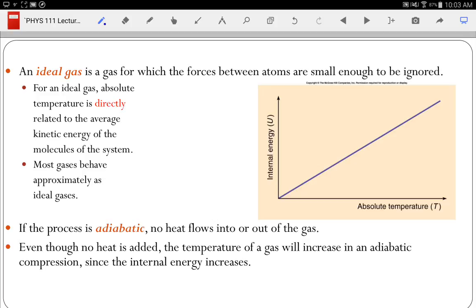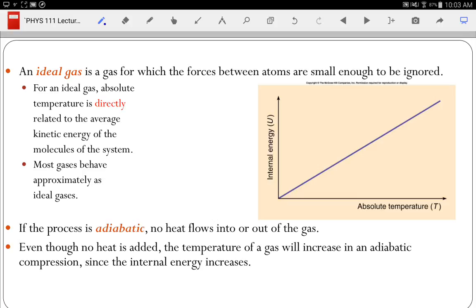Now they're not real, because molecules are always going to have some kind of interaction if they get too close. But if they're going fast, that interaction is going to be pretty small. And if they're going fast, that means they have a high temperature. So gases are more ideal when they're at higher temperature.